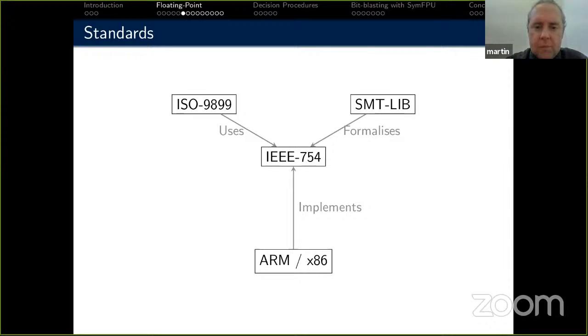So yeah, that's there. And then what we're doing here is we're trying to formalize that standard.